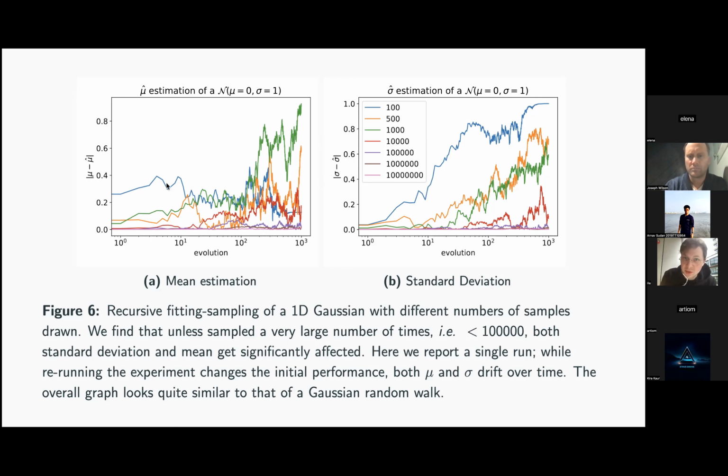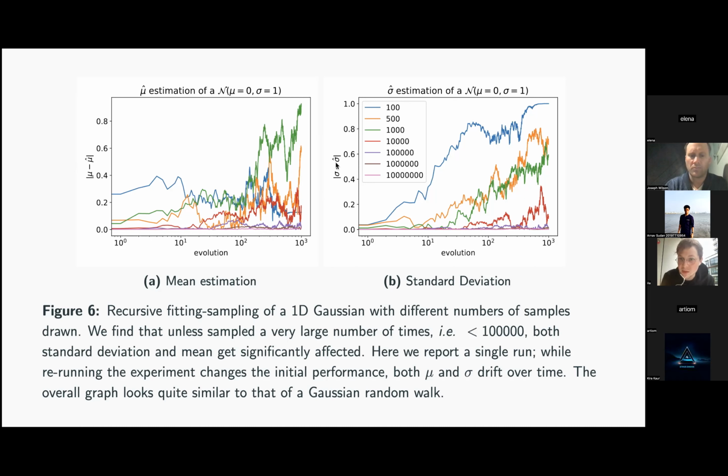What we observe here is that with a fixed number of points, as we keep on learning and fitting this Gaussian, unless we have a lot of points available to us, somewhere around 100,000 points, over time we end up swaying quite a lot from the true mean and the true variance.